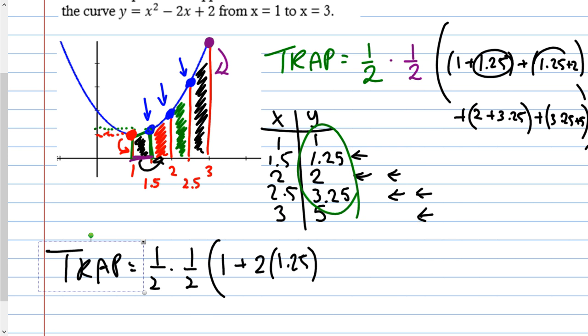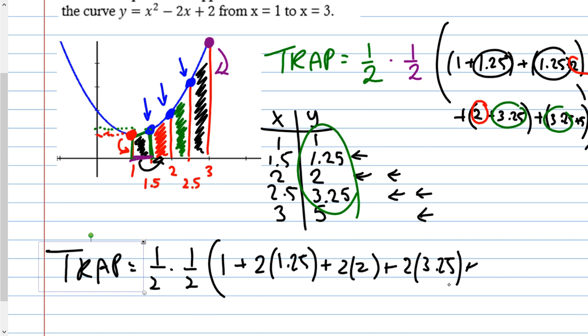Repeated here and here. That's 2. Plus 2 times 2, because also there's a 2 and there's a 2. Plus 2 times 3.25, because here's 1 and here's 1.